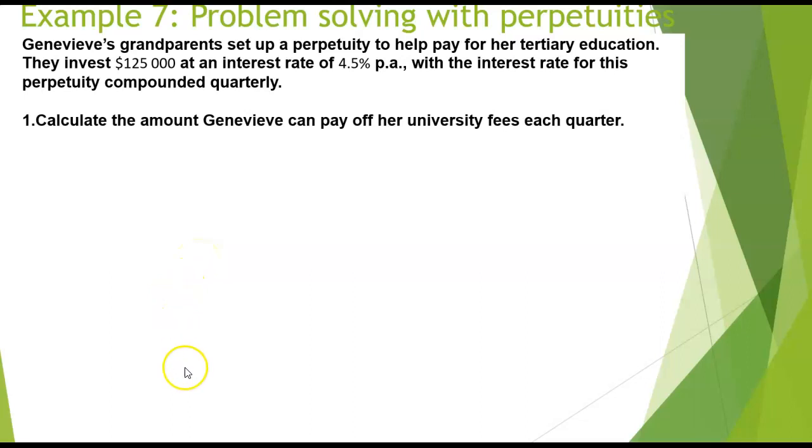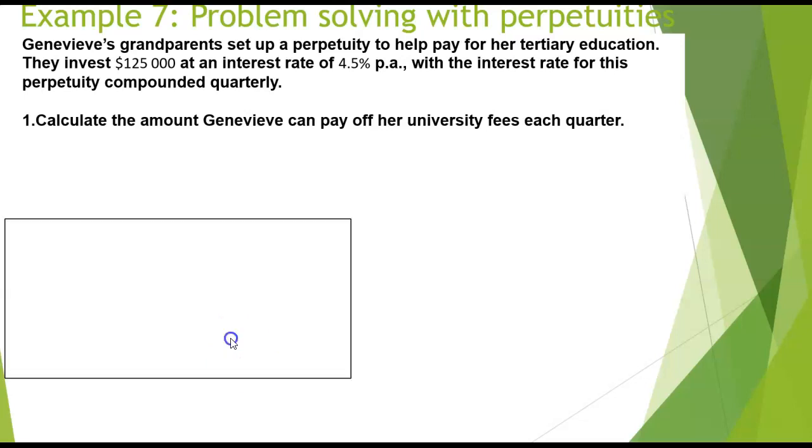Calculate the amount Genevieve can pay off for university fees per quarter. So we're calculating M. So what do we know? The interest rate is 4.5% expressed as a decimal. It's compounded quarterly, so we have to divide by 4. So the interest rate as a decimal per period is 0.00125.